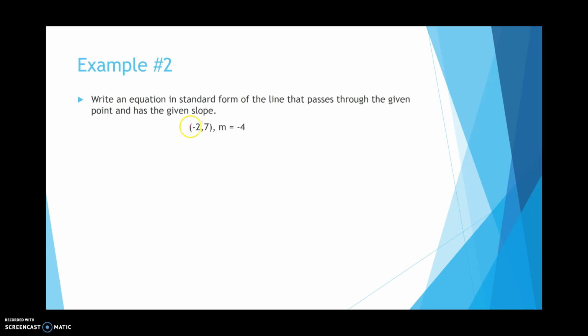They're giving us this ordered pair, negative 2 comma 7, and the slope, m equals negative 4, and they want us to put this in standard form. So step number 1, we need to put this into point-slope form, because that's going to help us get to the standard form of ax plus by equals c.